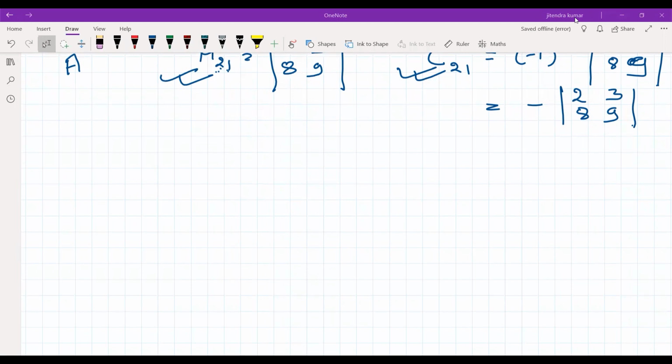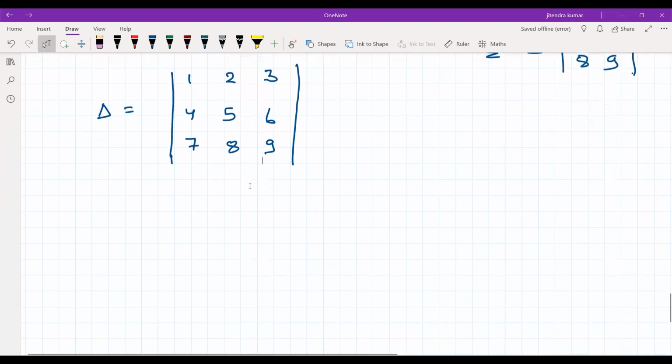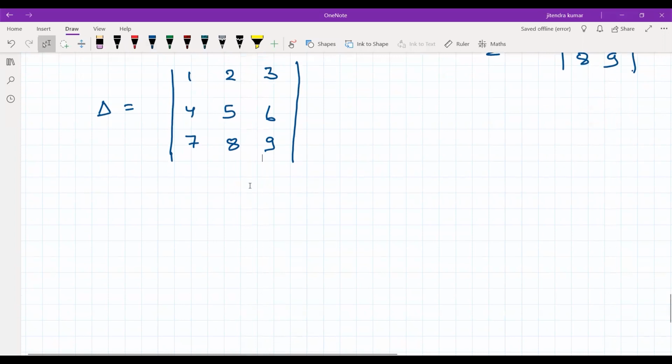So let's suppose we have a determinant here, that is 1, 2, and we have to expand this determinant using minors and cofactors.